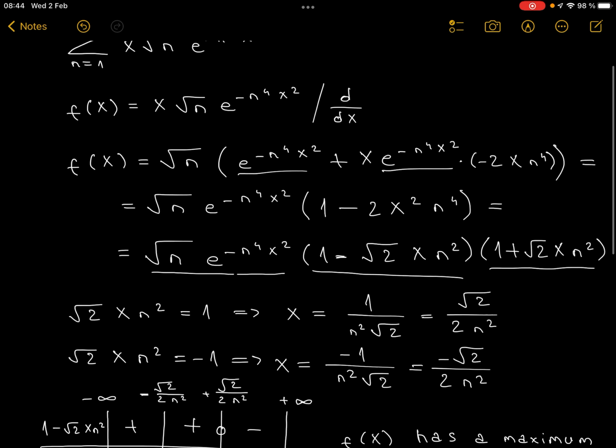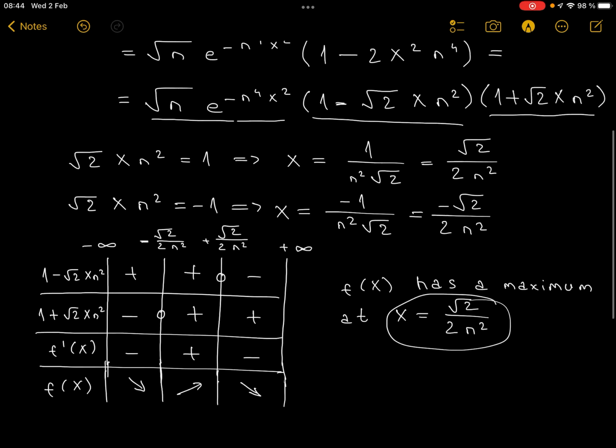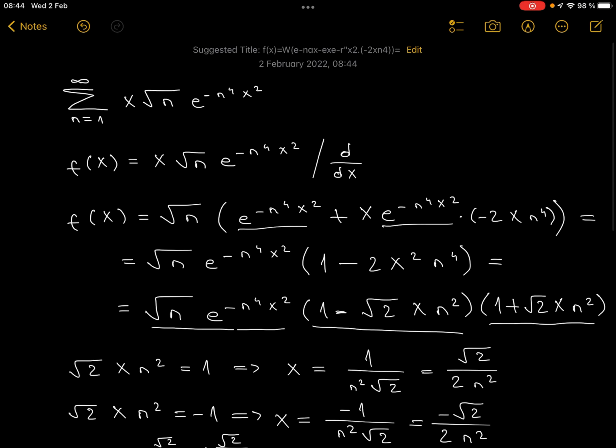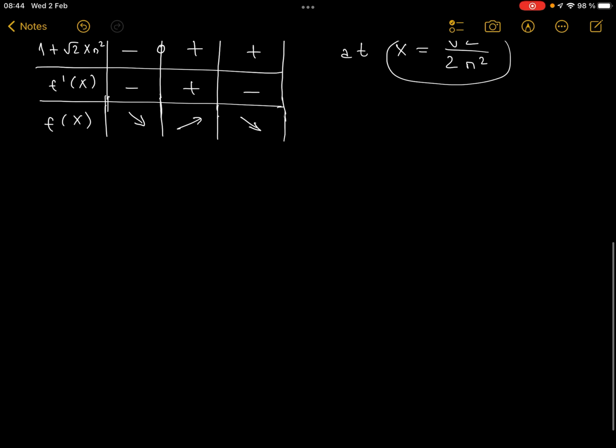So now that we know this, let's plug this into our original f of x, so x times the square root of n.